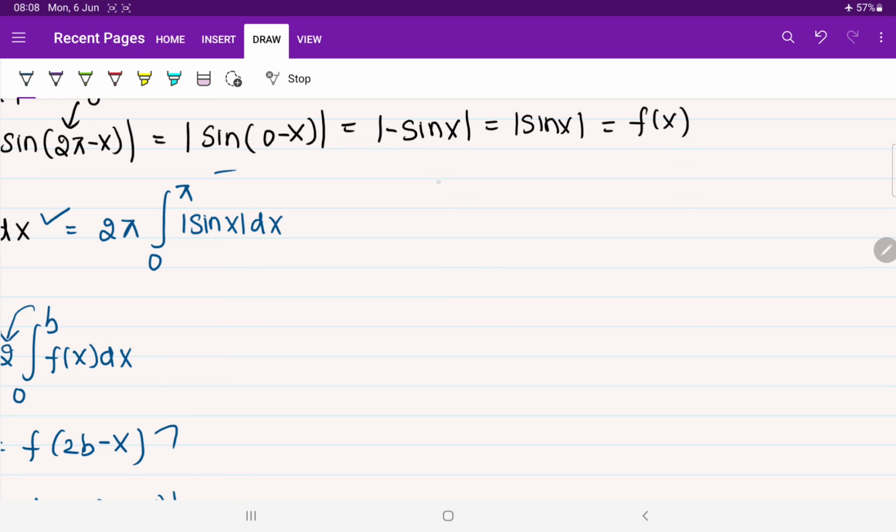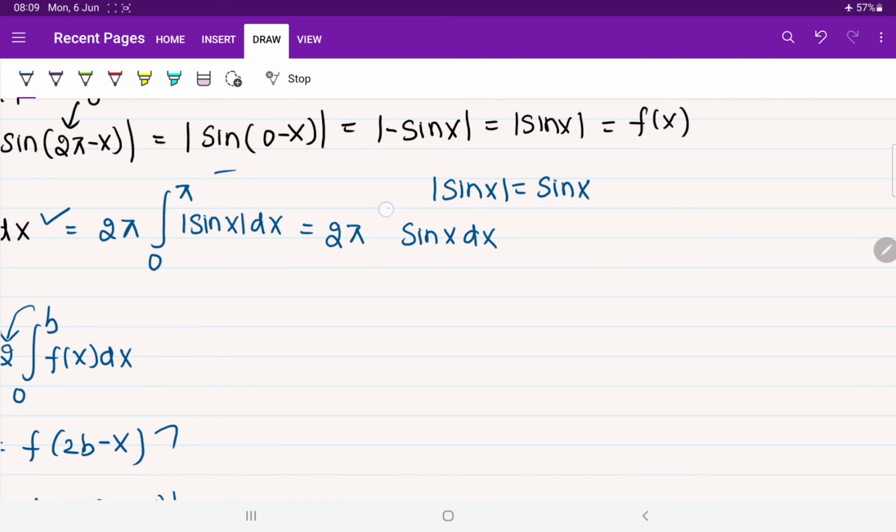So the conclusion is, we know mod of sin x will be positive only from 0 to pi. So there is no point of putting mod. We can simply replace it by sin x. Why? Because we can consider mod when there is a chance of getting both positive and negative values. Since we understood that from 0 to pi the value of sin x will always produce positive values only, there is no point of keeping mod now. So you can replace mod by simply sin, and you can do the integration with respect to dx.